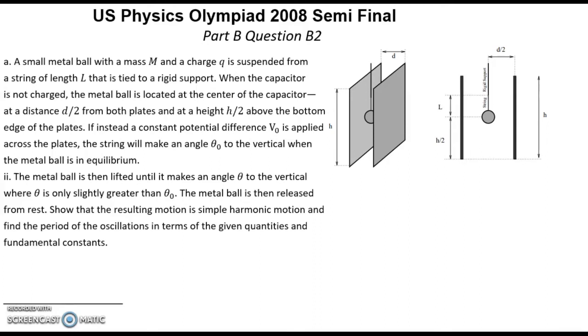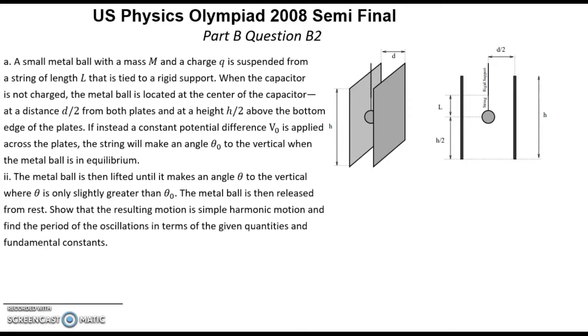and the fundamental constants. So first of all, if we apply, additionally to the gravity force, the electric force, we have a new force at the angle θ0 acting on this ball, and we can assume that this new net force acts like a new gravity force, and we can find g prime, the gravity acceleration for this force.